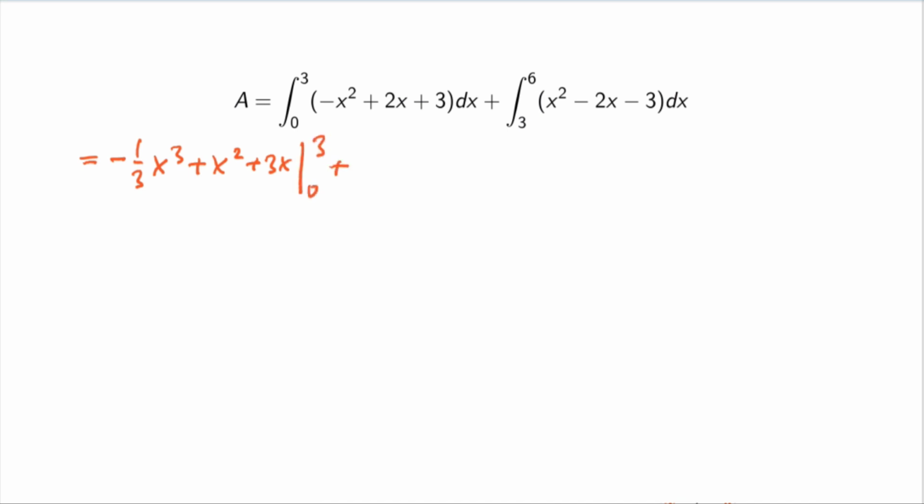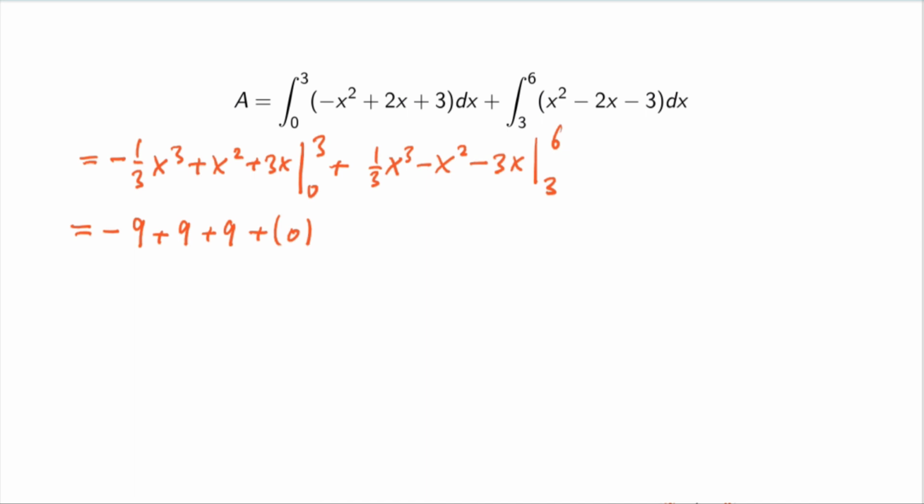And the other one will be one third x cubed minus x squared minus 3x, and then evaluated between 3 and 6. Okay, plug this all in. 3 cubed divided by 3, this is minus 9. Then this is a plus 9, and this is a plus 9. If I sub in 0, I get nothing. Maybe I write plus 0 just so you can follow easier.